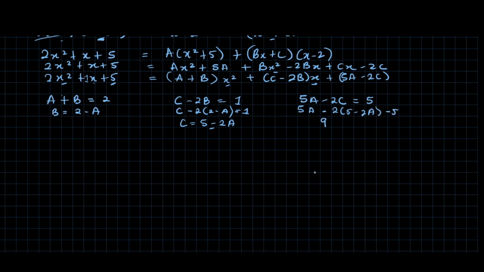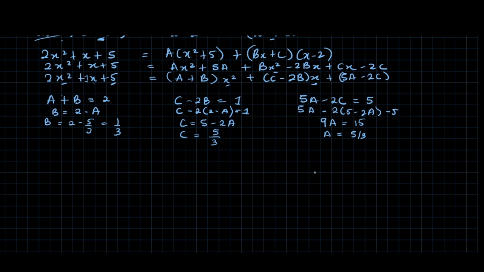If you simplify, it's going to be 9A equals 15, which means A equals 5 over 3. Now for C, C equals 5 minus 2 times 5 over 3, that will be 5 over 3 itself. And B equals 2 minus 5 over 3, which equals 1 over 3.